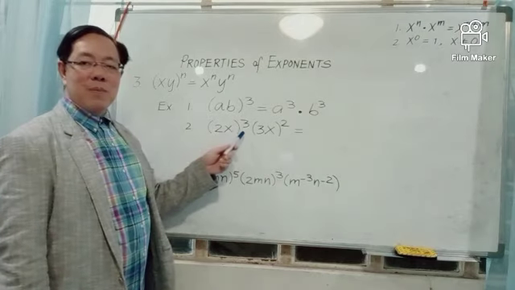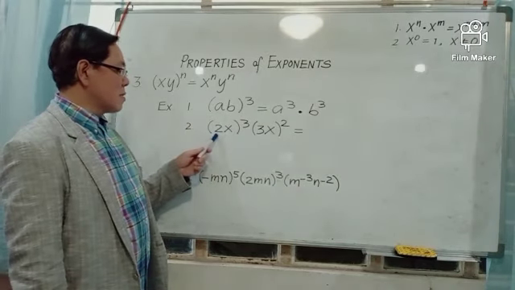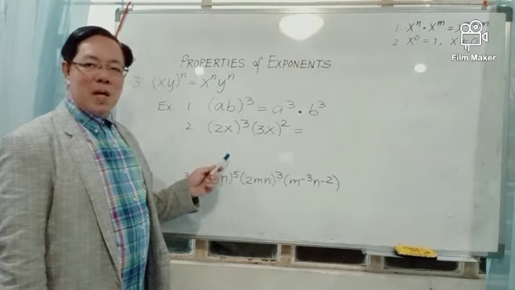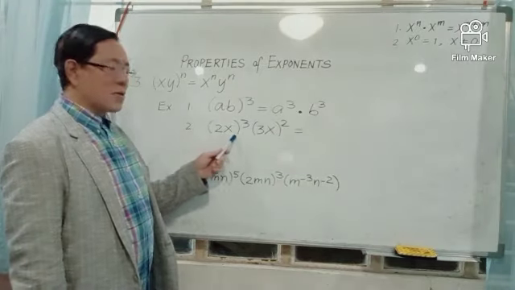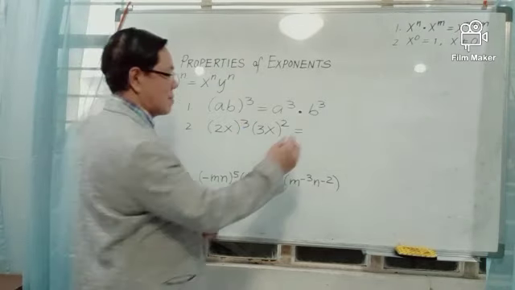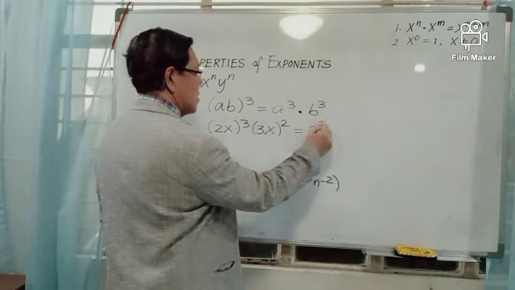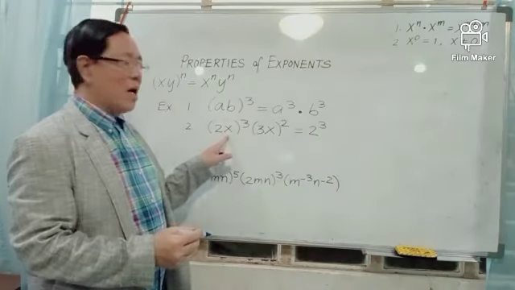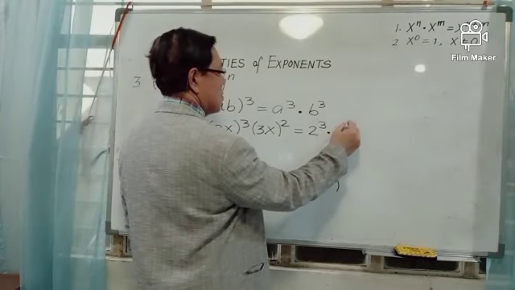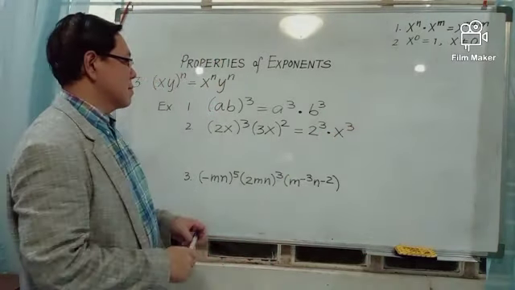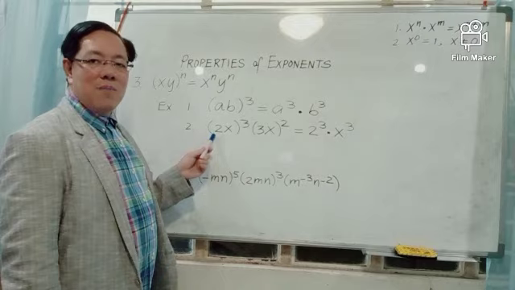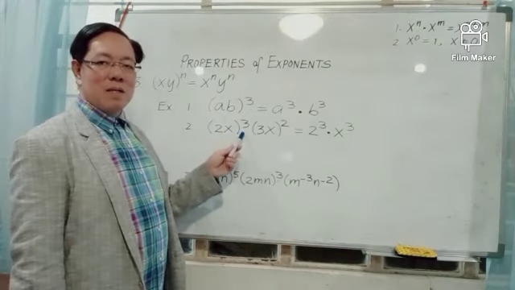To raise 2x to the power 3, it means you raise 2 to the power 3 and raise x to the power 3 and multiply. We do that. 2x to the power 3 equals 2 raised to 3 multiplied by x to the power 3. This is just the simplified form of the first factor, 2x to the power 3.